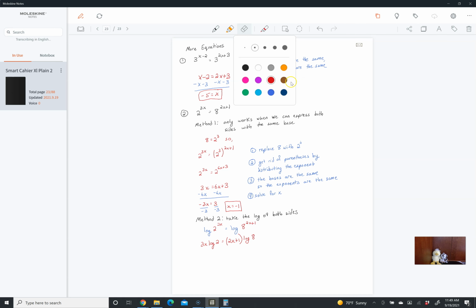Okay, so let's just make a couple of notes here. You take the log of both sides. Then you're going to use the power property.